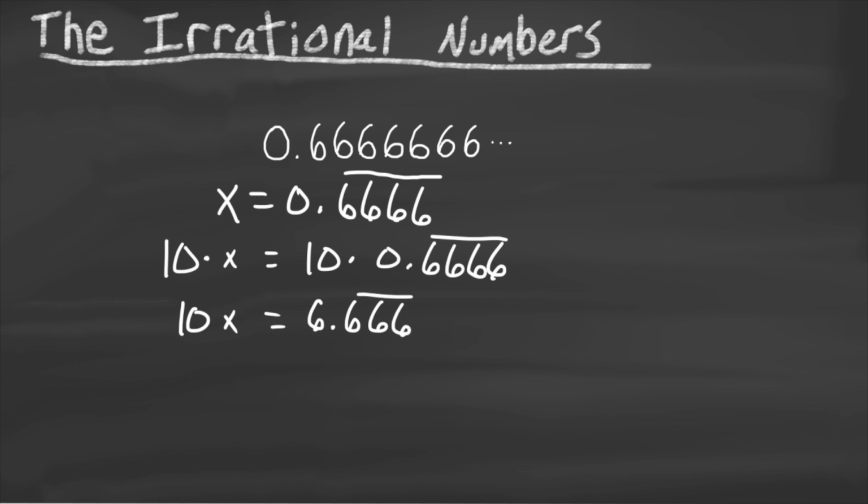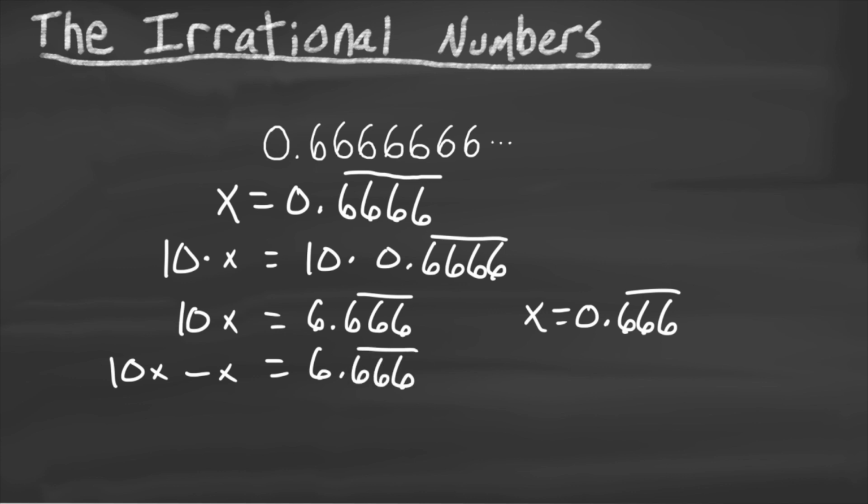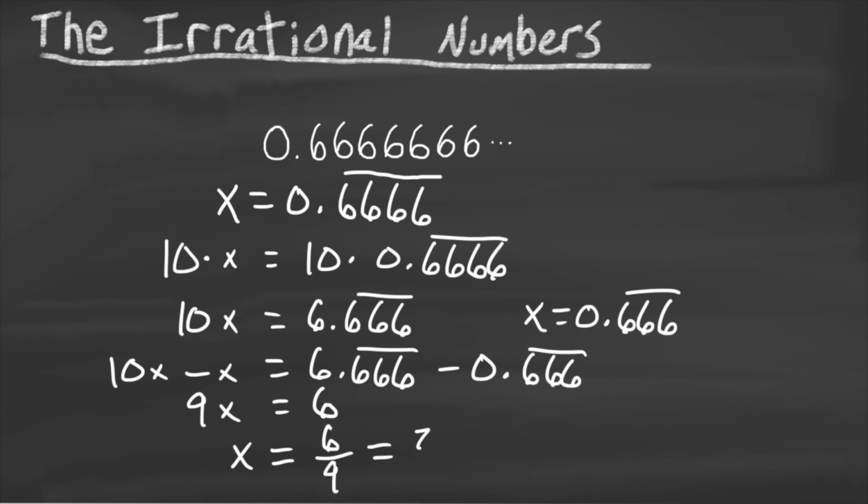Since we know that x equals 0.666 repeating, we could minus an x from both sides, such that we would have 10x minus x equals 6.666 repeating minus 0.666 repeating. What we'd be left with, on the left-hand side, 9x. On the right-hand side, we'd be left with 6. Therefore, x is equal to 6 over 9, or 2 over 3.